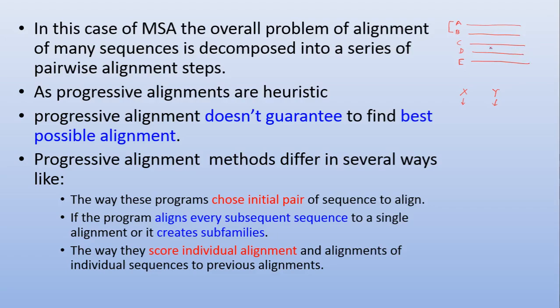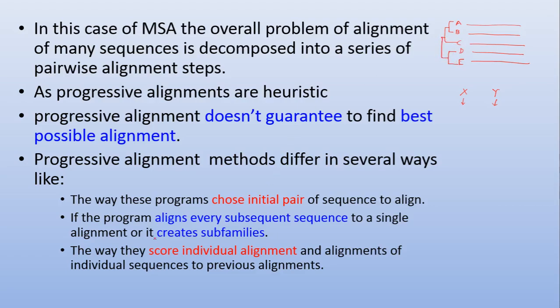Or it is entirely possible that this program Y can create subfamilies. Say, for example, I align A to B, then I separately align C, then I separately align D and E, and after everything has been done, I combine all of my alignments.